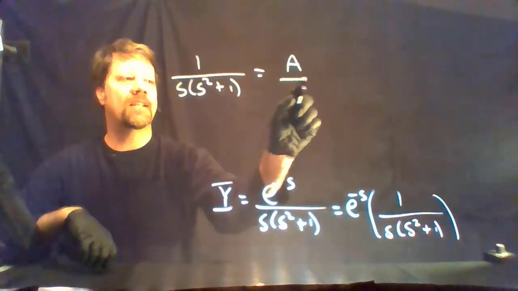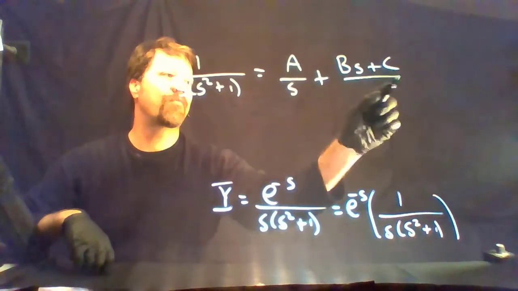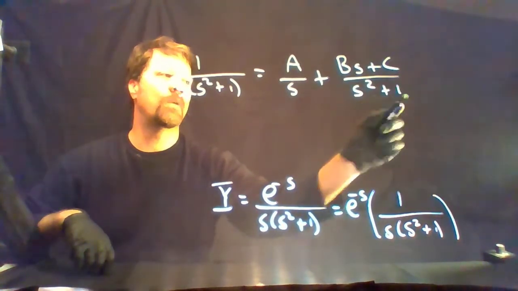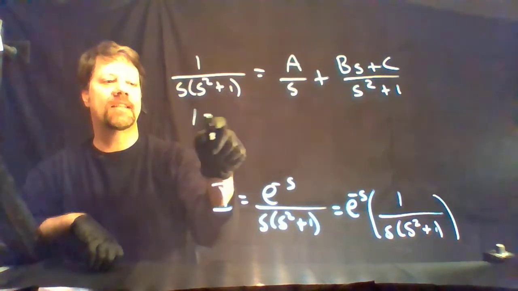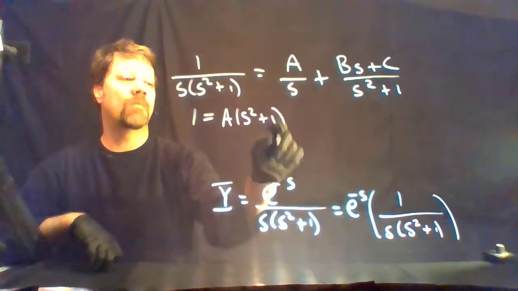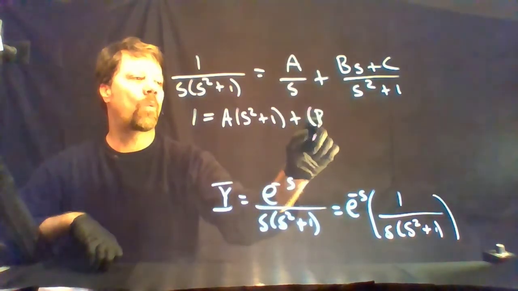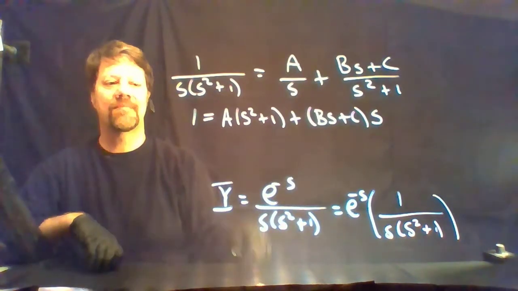So we have to write this as a over s plus bs plus c over s squared plus 1. Multiplying both sides by the denominator on the left-hand side yields 1 is a times s squared plus 1 plus the quantity bs plus c all times s.